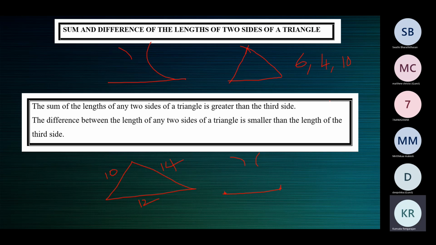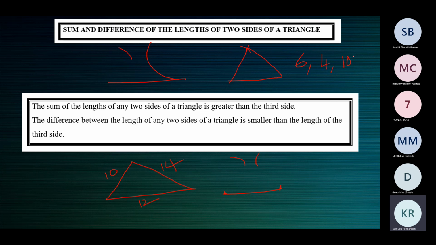You will not be able to construct it, because 6 plus 4 is 10. The sum of the lengths of two sides, 6 plus 4, is 10, and it's equal to 10. Now you will say that 4 plus 10 is 14 and it's greater than 6. It should work in all three cases.